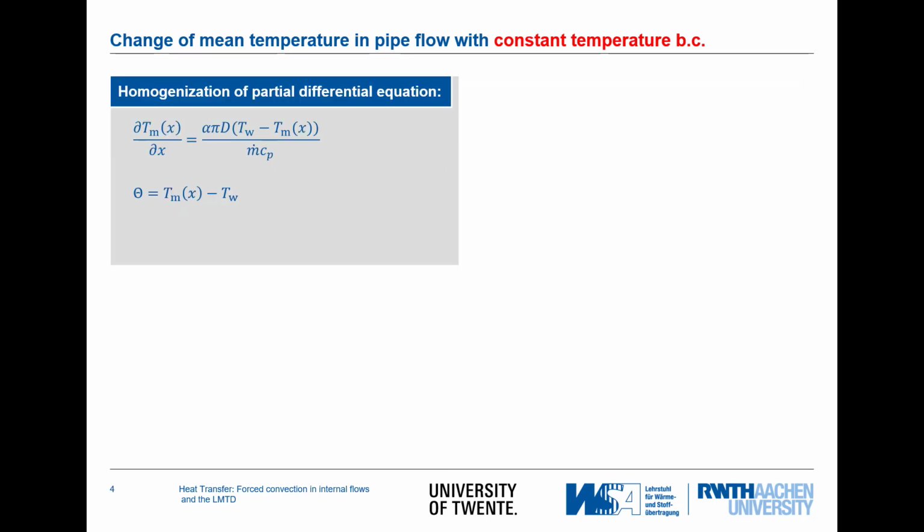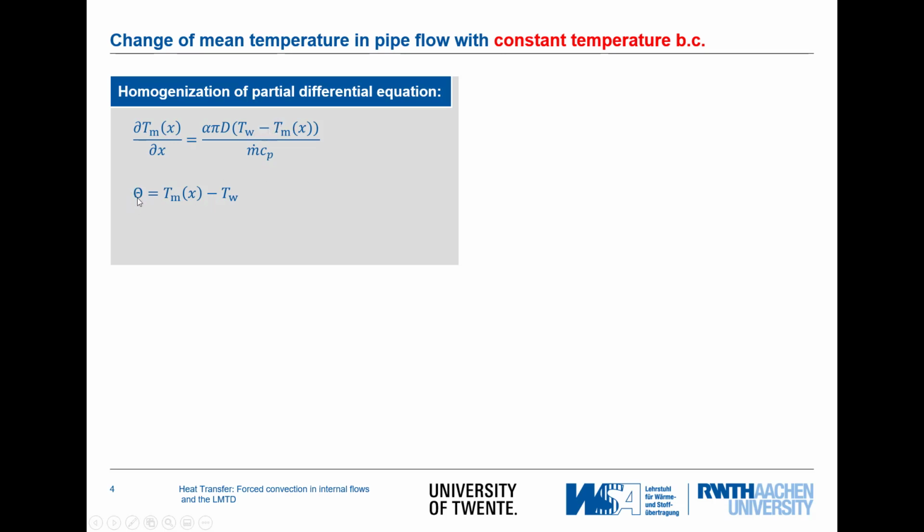another temperature, theta, and we define theta in a way that it's equal to the mean temperature minus the wall temperature. And in this way, if we have theta, we can replace the temperature difference in here. This will simply become theta.